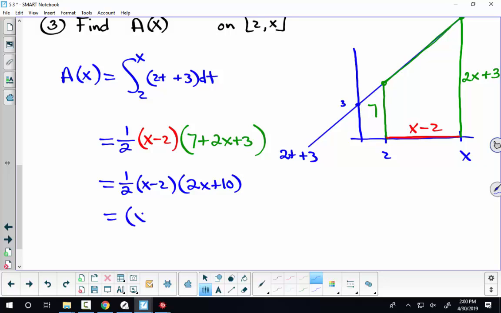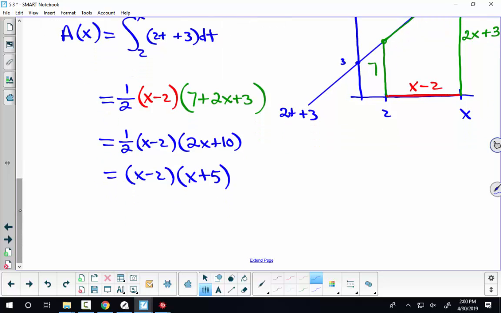So I'll just have x minus 2 times x plus 5 with no 1/2. Let's multiply that out. That's x squared plus 3x minus 10.